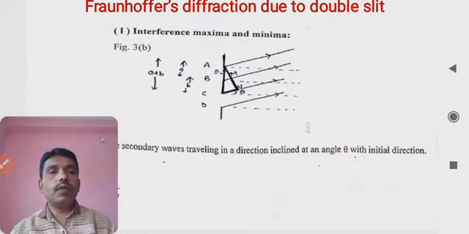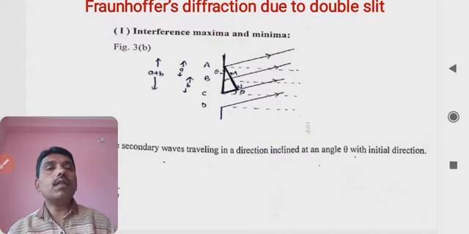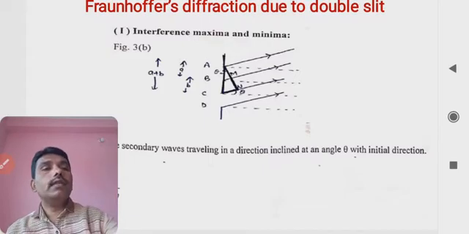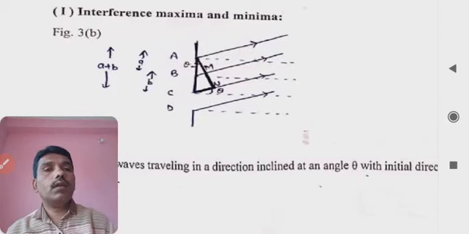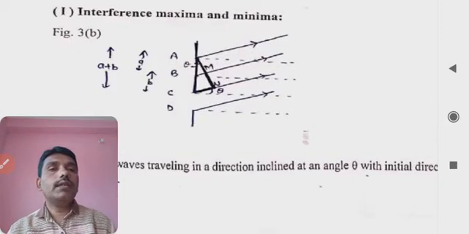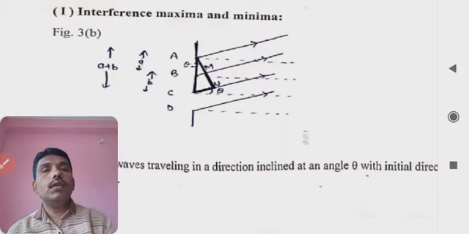Superposition of two waves of light is there. Now in this case, if you look at the part given in this other diagram, that is 3b.